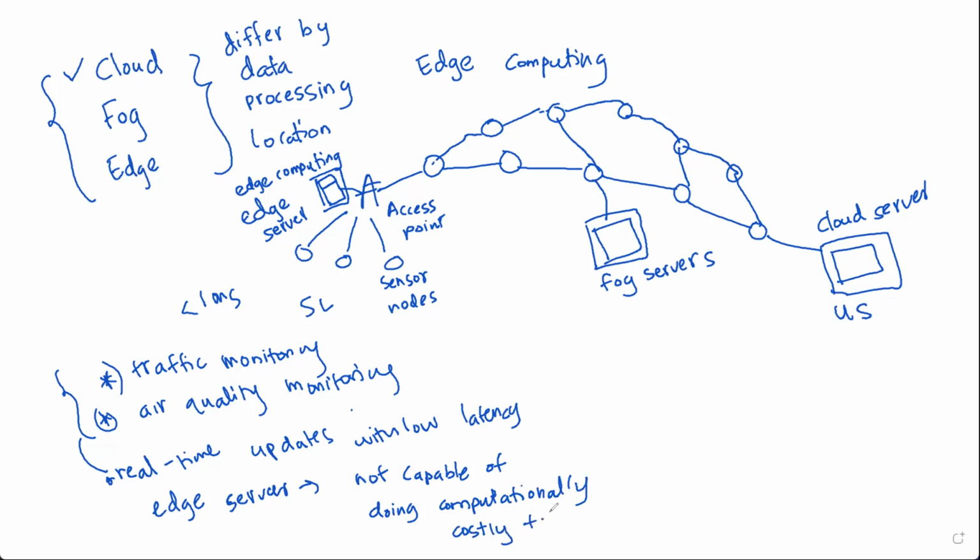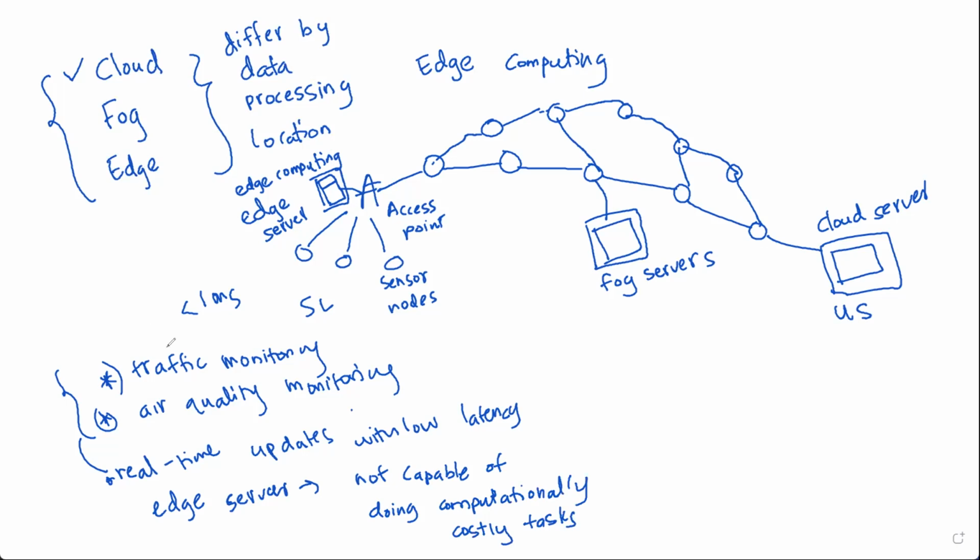In that case, the data has to be sent either to the fog server or the cloud server to do the required processing of the data. However, if we only need a very small amount of computation, or a very low level of computation, then we can use edge computing. I hope it is clear.